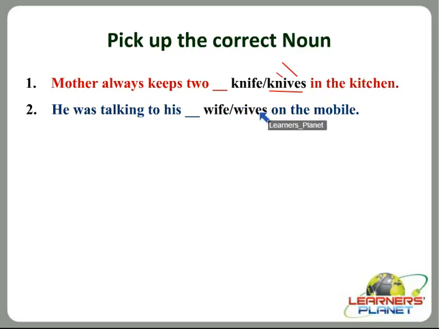If he is talking on the phone, he can talk to one person. So it has to be singular. It has to be one, which is wife. So, students, the correct answer is wife and not plural or more than one, wives.